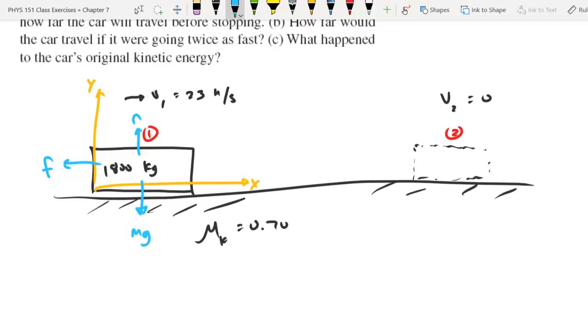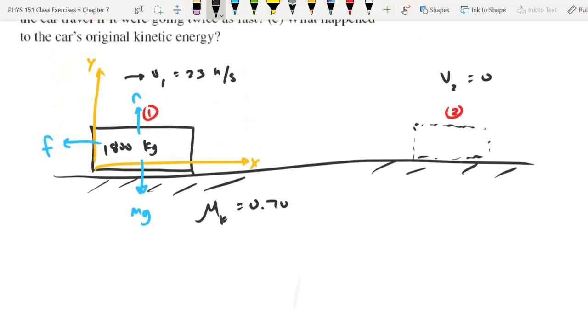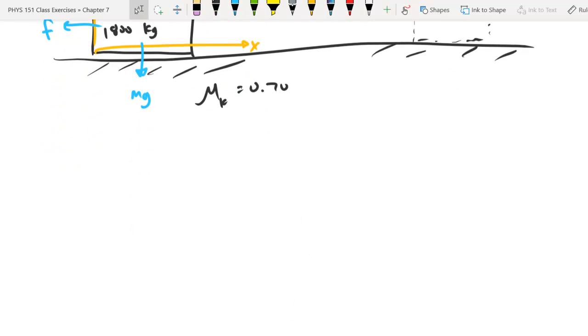The work energy theorem says that the work done on the car by all the forces is equal to the change in the mechanical energy of the car.